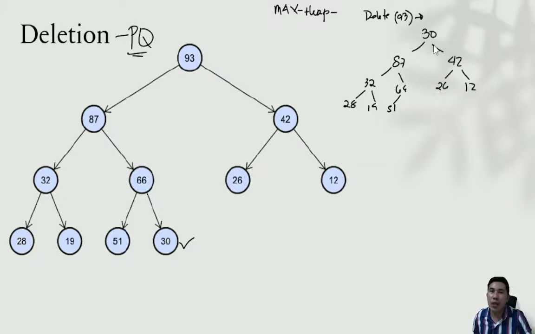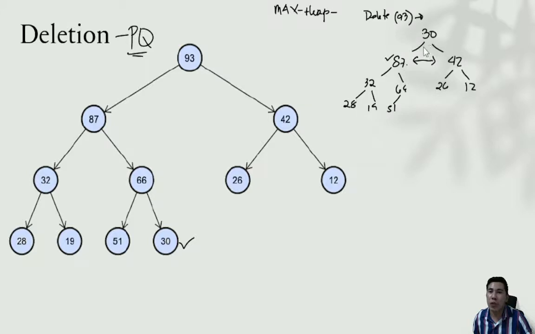You will need to perform what we call percolation down. In percolation down, you will first compare the children to the parent. But before you compare the parent to the children, you will need to compare first which one is the greatest. Which of these children has the greatest value? 87.